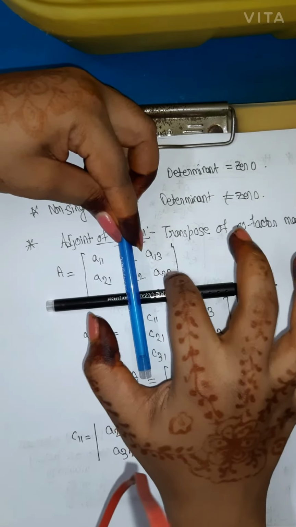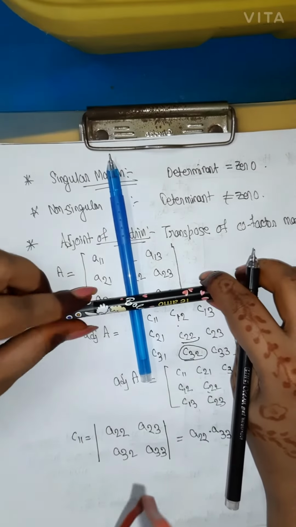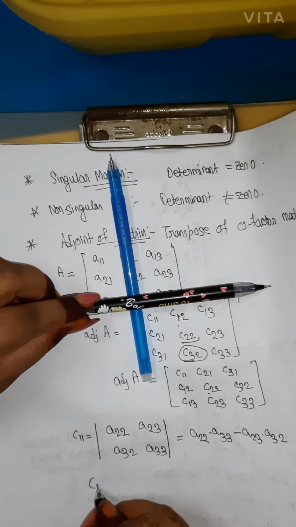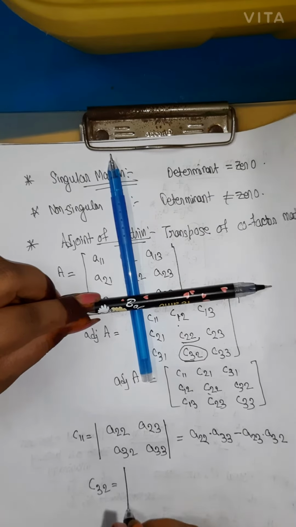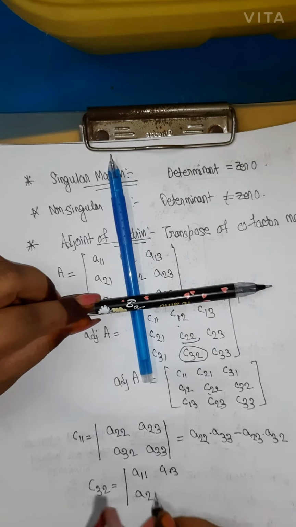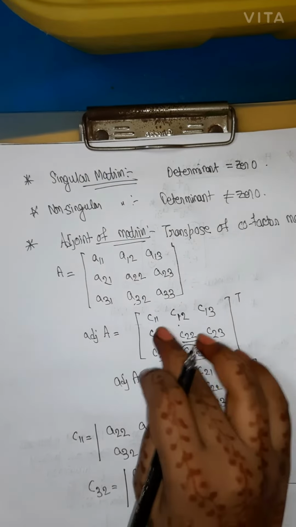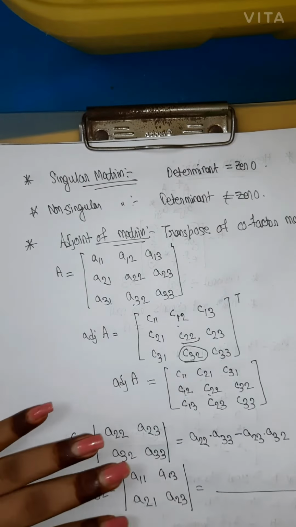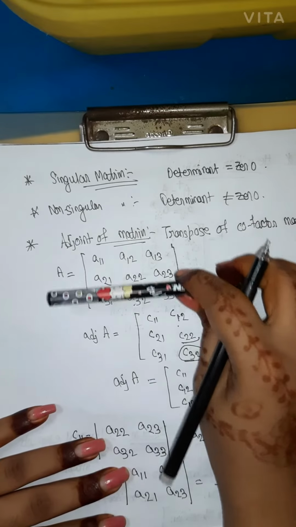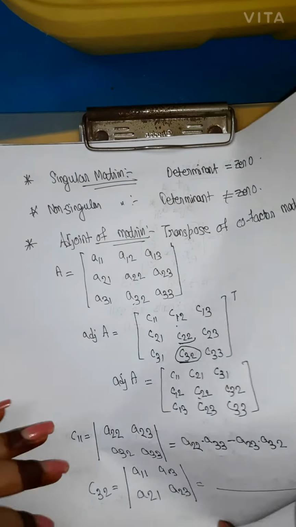So for C32 we have A11, A13, A21 and A23. So calculate the determinant. Likewise you can calculate each and every cofactor by covering the corresponding row and the corresponding column. Each and every cofactor term you can calculate very easily.